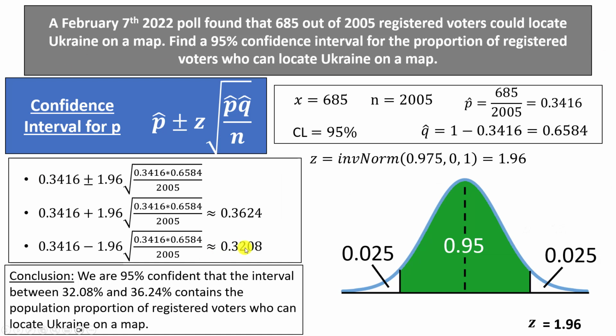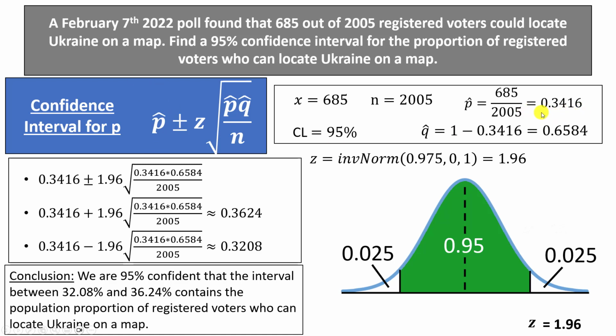Alright, we are finished with the problem, so let's recap. The purpose of this problem was to estimate the population proportion of registered voters who could locate Ukraine on a map. But of course, there are millions of registered voters, and it would take a census to calculate that population proportion exactly. So instead of calculating that value exactly, we estimated that value with a sample and calculated a p hat, which ended up being 34.16%.